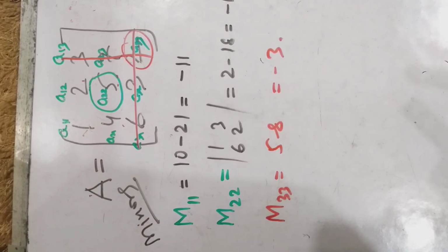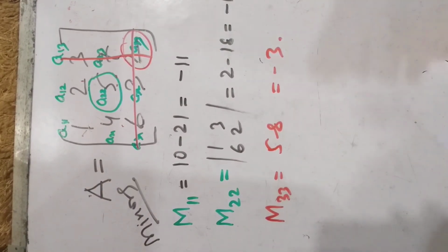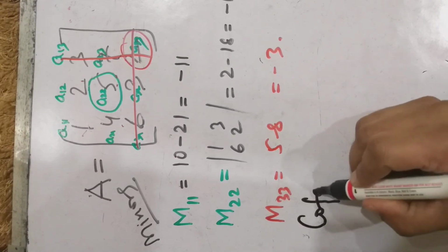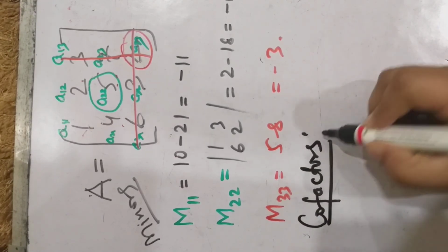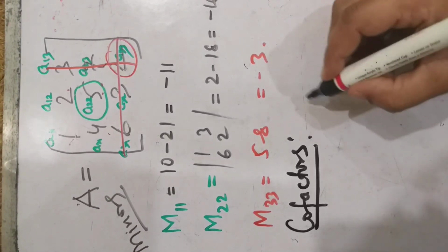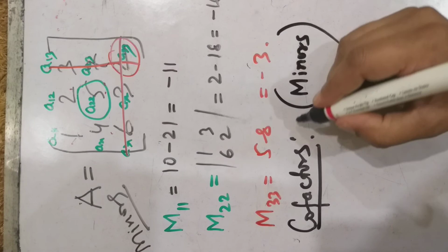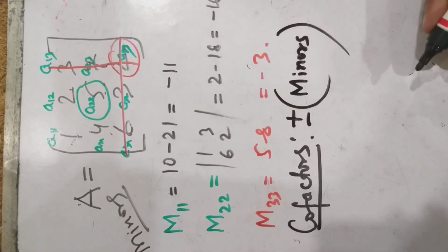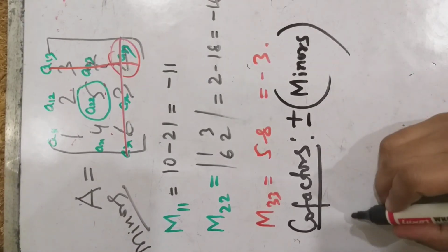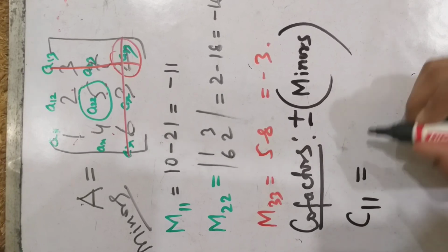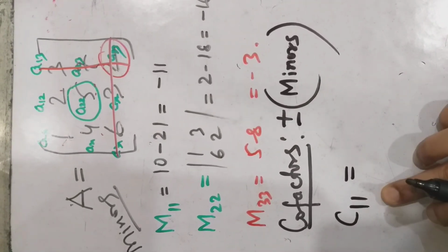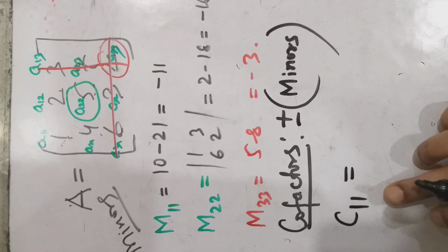Now the second topic which we were talking about is cofactors. Cofactor is nothing but the minor with the position sign, plus or minus. That's cofactor. Say if I say C11, C11 is the cofactor of the first element.